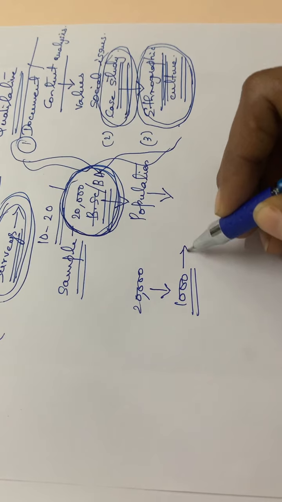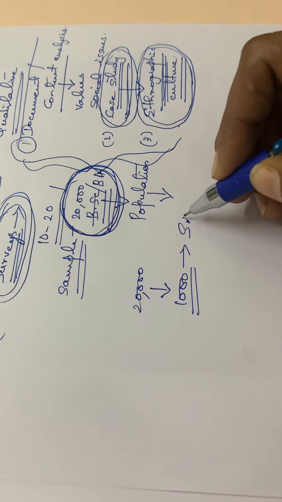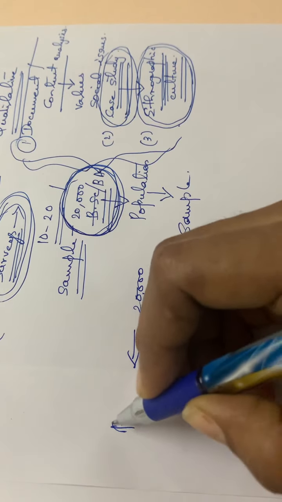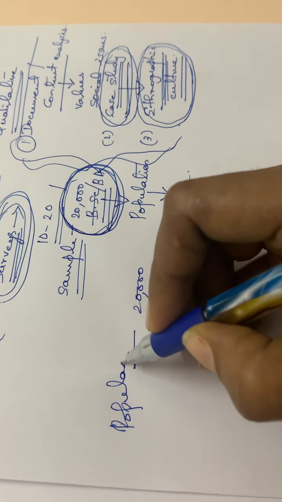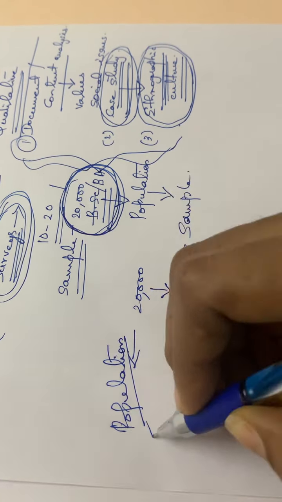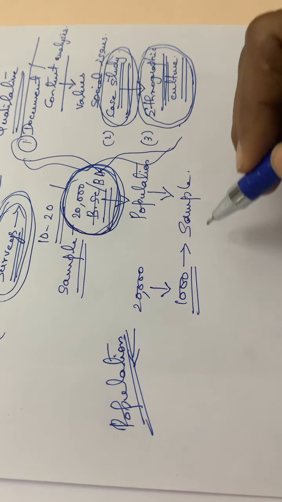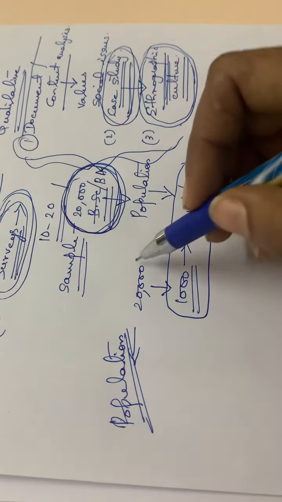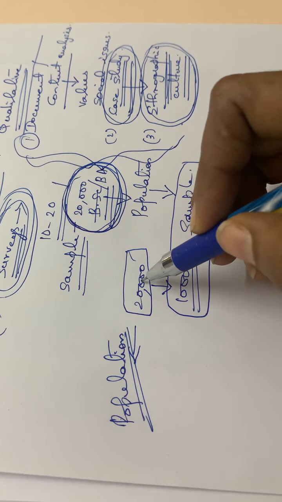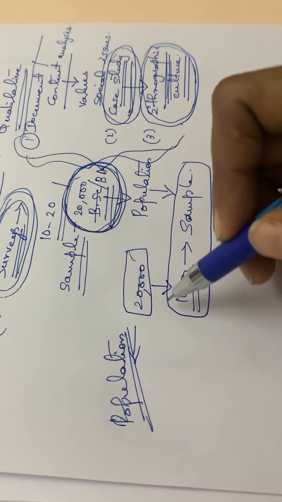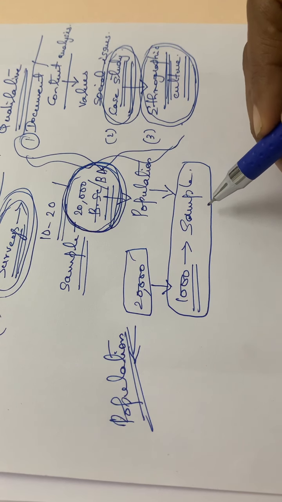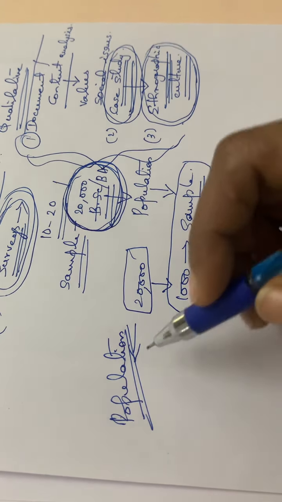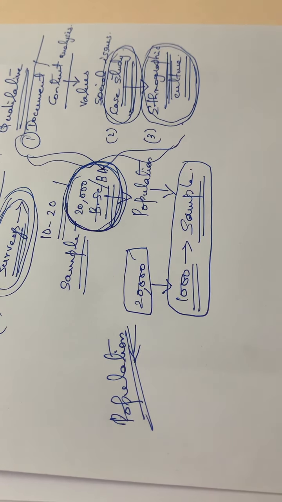This 1,000 students comprises the sample, and this 20,000 comprises the population. From the population we are selecting some students, and from that selection we will be collecting the data. So the 20,000 is the whole population, and the sample is a representative population. That is the difference between population and sample.